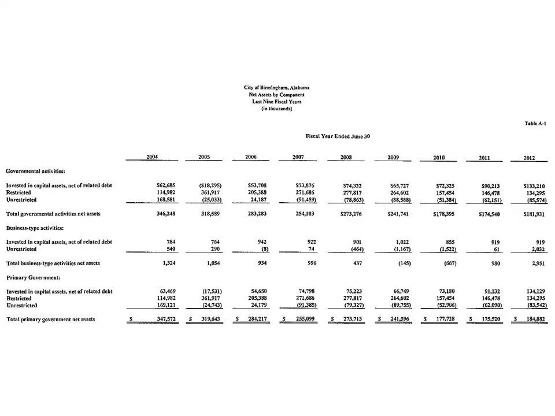I didn't find one for the City of Birmingham, but hopefully most governments would make these types of things available to you in Excel format so that you could easily download them and do your own analysis. But as you can see here, it's showing you the trend for various activities over the last 7 years, and this is net assets by component.